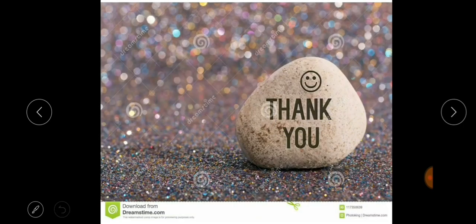And here we learned that 2 into 3 is the same as 3 into 2, and 4 multiplied by 6, or 4 into 6, is the same as 6 into 4. Then today we learned the concept of multiplication, the multiplication symbol, the multiplication sentence and the terms in a multiplication sentence. Okay, children, thank you.